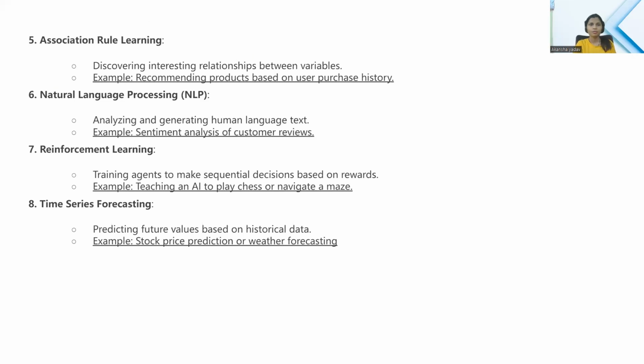Association rule learning. Discovering interesting relationships between the variables. There are 15 columns. You have to first check the dependency, how they are dependent on each other. For example, recommending products based on the user's purchase history. This is association rule learning. Suppose right now I wanted to buy a digital watch. So I will search for that product. Maybe I will buy it, or there are chances that I won't buy it. After a week, I am not into the digital watch anymore.